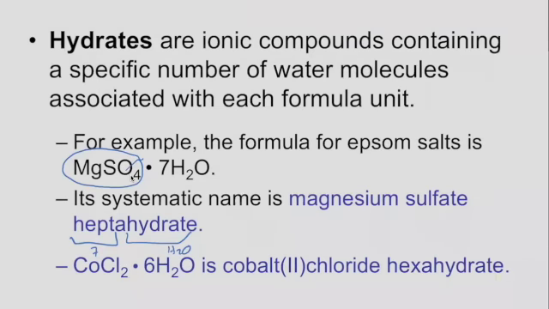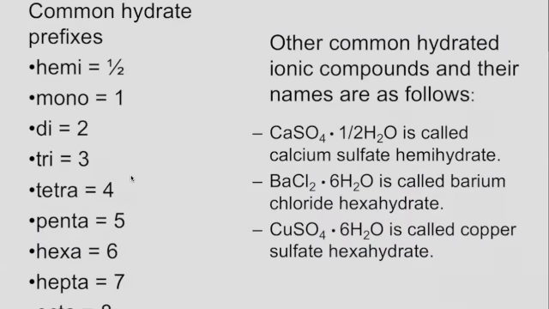This one is cobalt(II) chloride hexahydrate. Why do I have that parenthesis? Because cobalt is a transition metal. In order for us to know how to name hydrates, we need to know the prefixes. Don't worry about hemi, but mono means 1, di means 2, tri means 3, and so on.